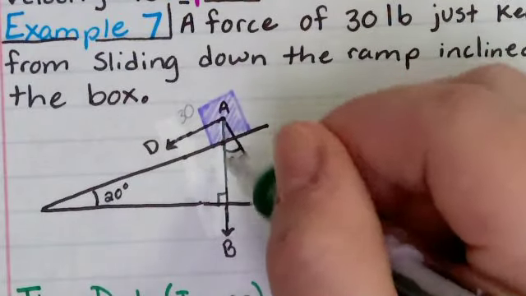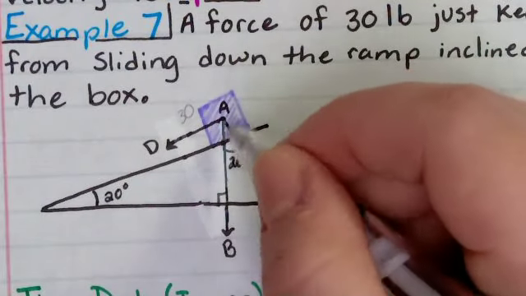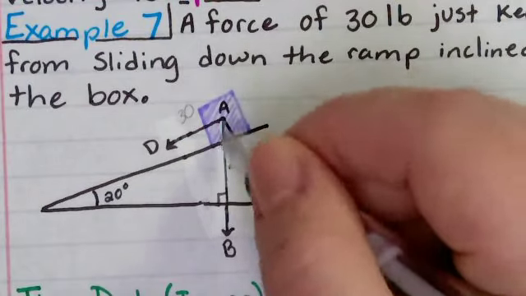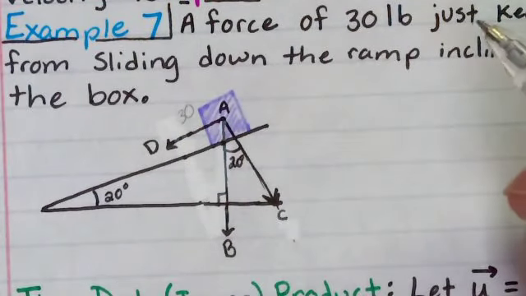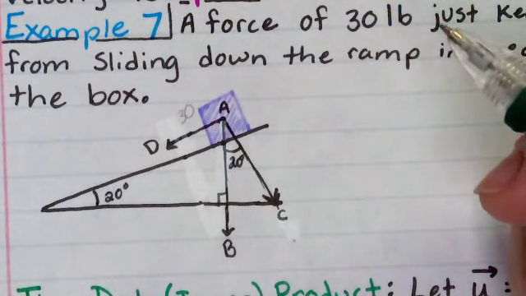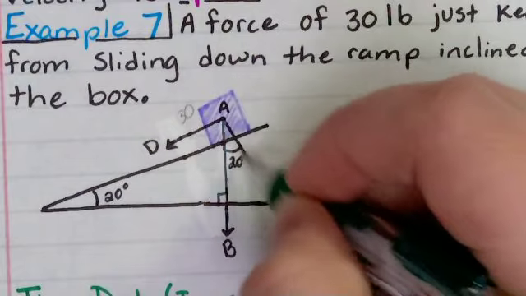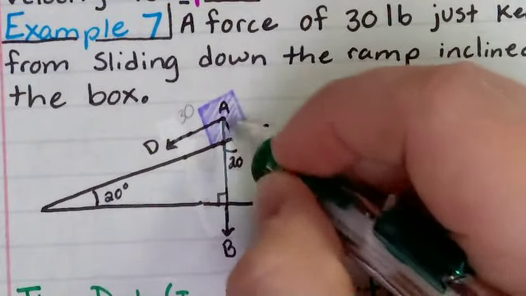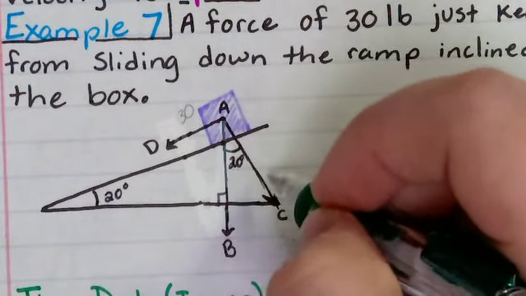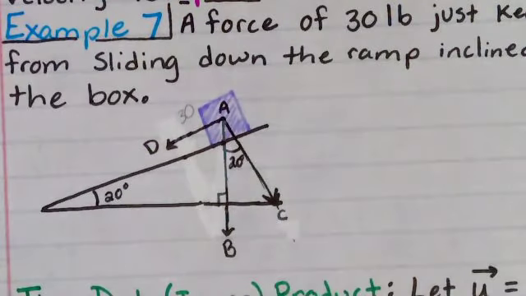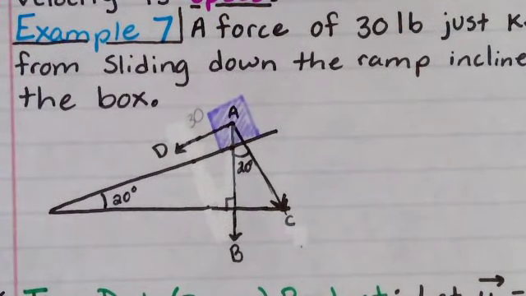So that's what we're going to be looking for, that weight of that box that's pressing straight down, because that's going to be the actual true weight of the box. And we also have this pressure over here that we can represent from C to A. Okay, so it's helpful to add these extra rays in here. And the main reason is because that way we're able to add to our picture and draw some extra parts.